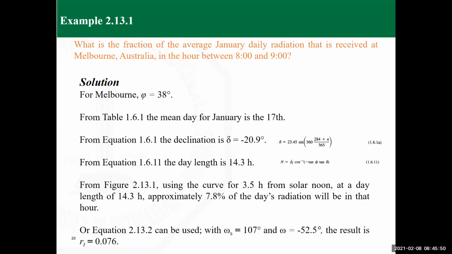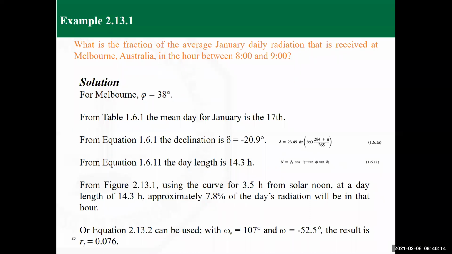And on that day, the day length is 14.3 hours. Then we go to the figure, knowing the value of delta and knowing the value of N. We are talking about 8 to 9 a.m. So we're going to estimate it at 8:30, and 8:30 is 3.5 hours from the solar noon.